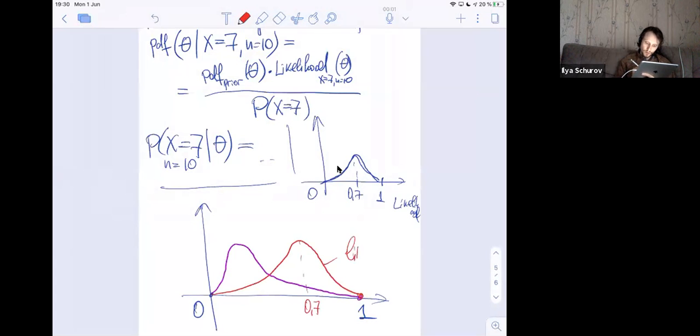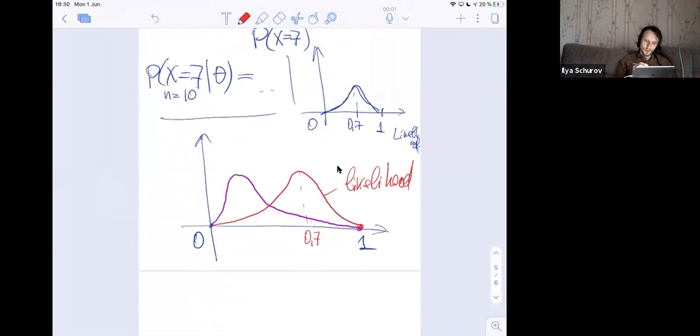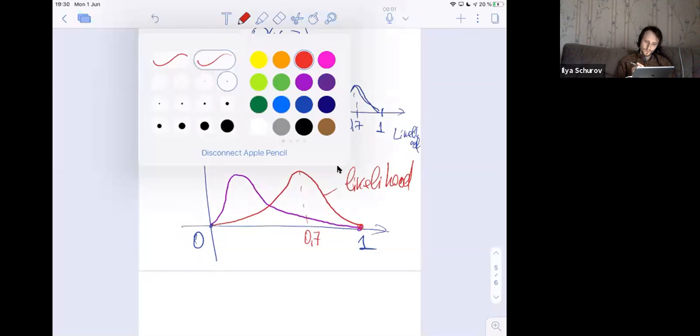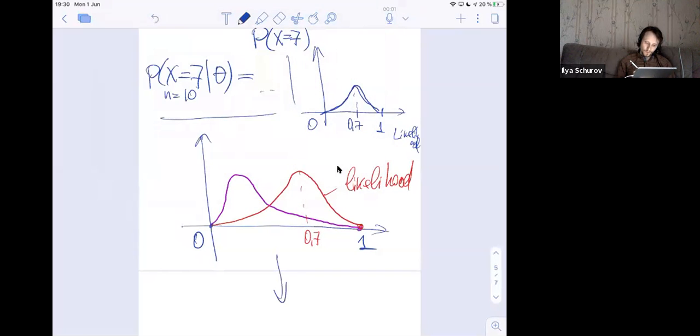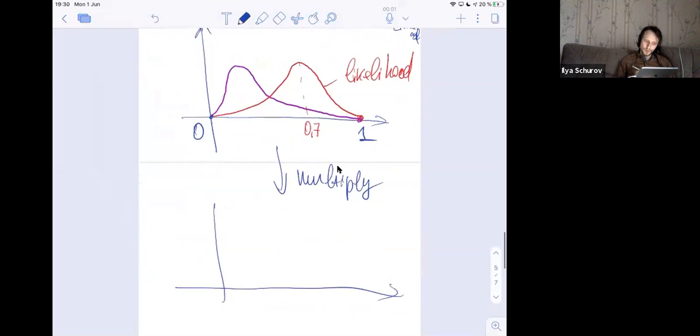This is my likelihood. Probably I have to rescale them, but it is not important now. Then I have to multiply at each point, I have to multiply the corresponding values. And what will I get?